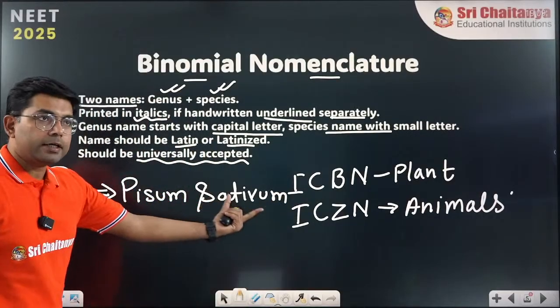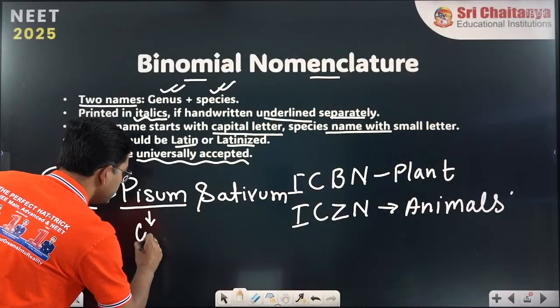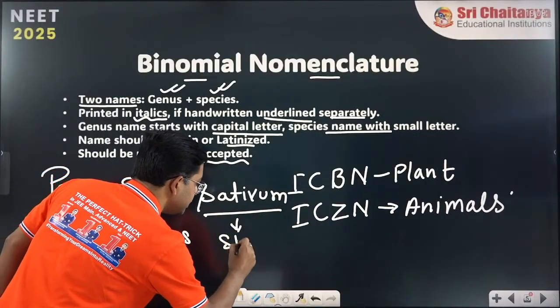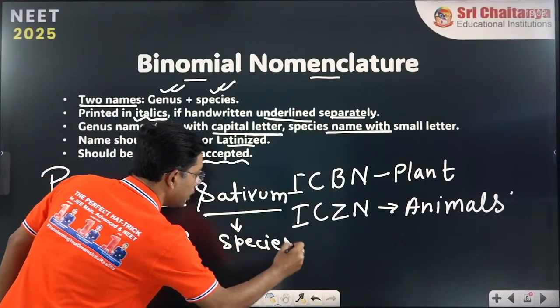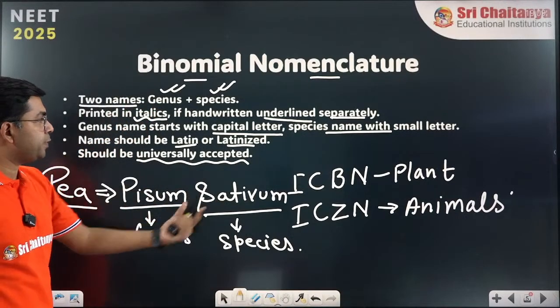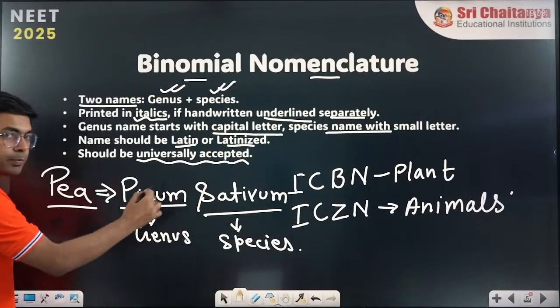This is a 2-word name. So which one will be the genus here? Pisum will be the genus and sativum will be the species. Right? Now note this: a 2-word genus and species. Since it is handwritten, I am underlining them separately.